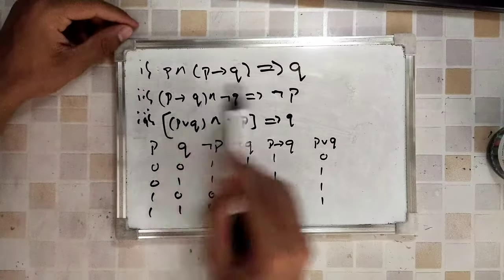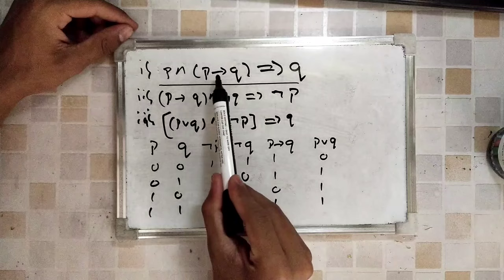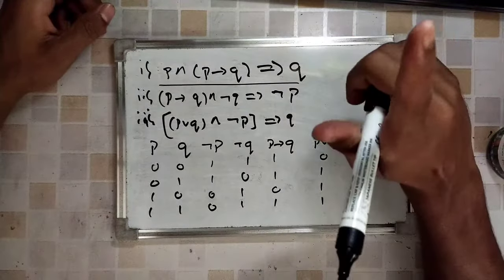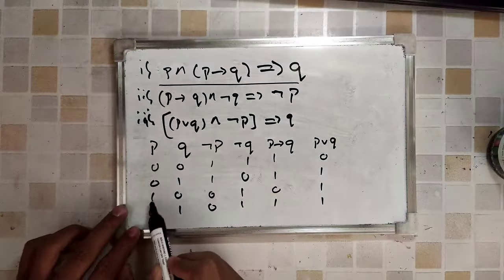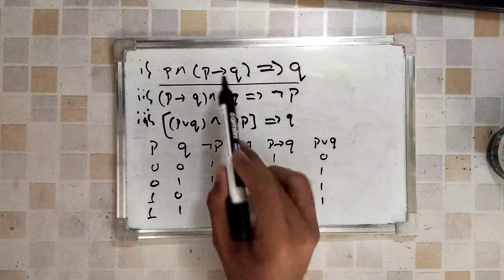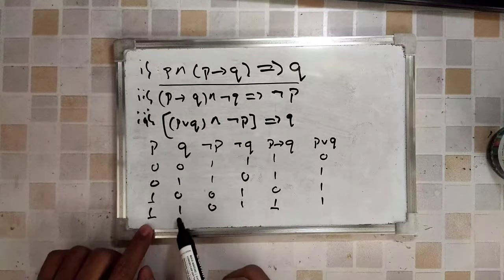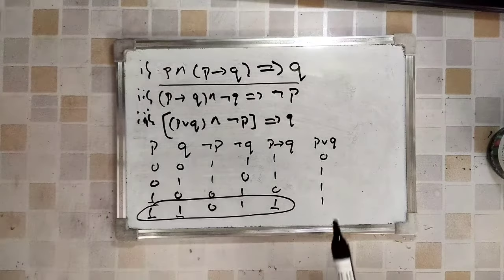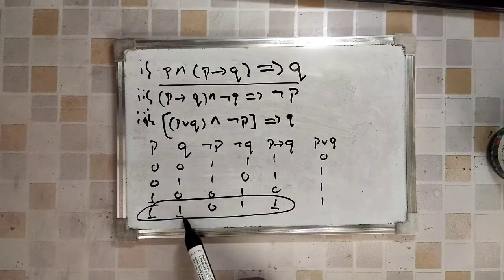Now to prove this, when this and this are true, this should also be true. If there is only one condition which satisfies that, then it's true. See here, P is 1 here, and P implies Q is 1 in that place. So when P and P implies Q are true, then Q is also true.